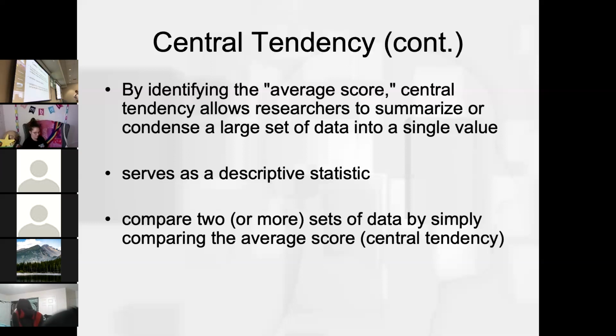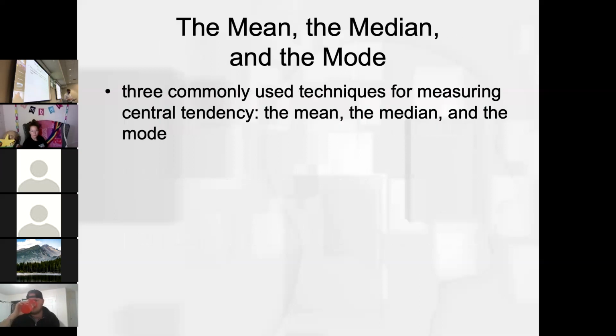But most of what we're going to be talking about are just these group level differences. And so we have three commonly used techniques to describe this central tendency. I'm sure you've all heard, or at least had some peripheral experience with the three: mean, median, and mode.